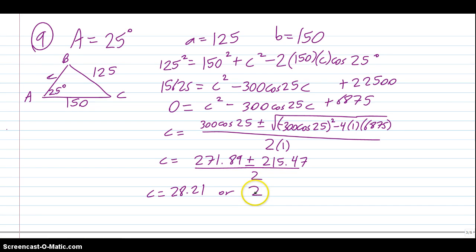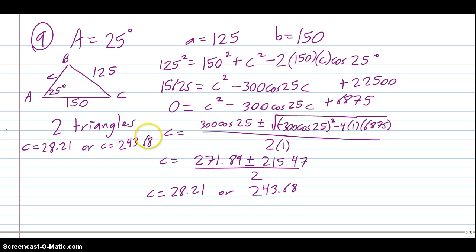It turns out you could get two possible answers for C, which means there's two triangles here. One where the side C is 28.21, and one where it's 243.68. And that will create two different angle B's and two different angle C's. Meanwhile, everything else will still stay the same.